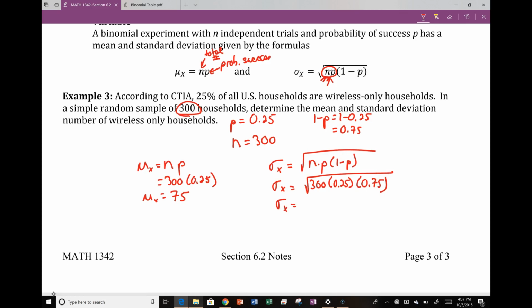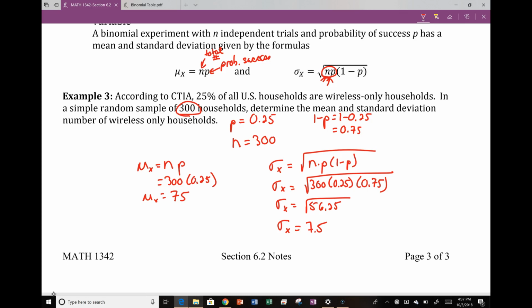So whenever I multiply 300 times 0.25 times 0.75, I get 56.25. And I've got to take the square root of that. So I'm going to take the square root of 56.25, and we get 7.5. So we have, on average, 75 households that are wireless-only households with a standard deviation of 7.5.